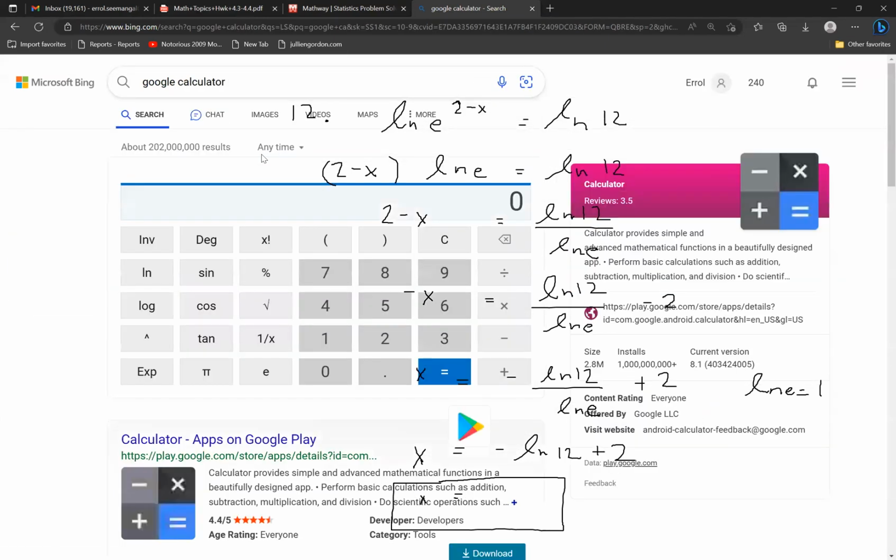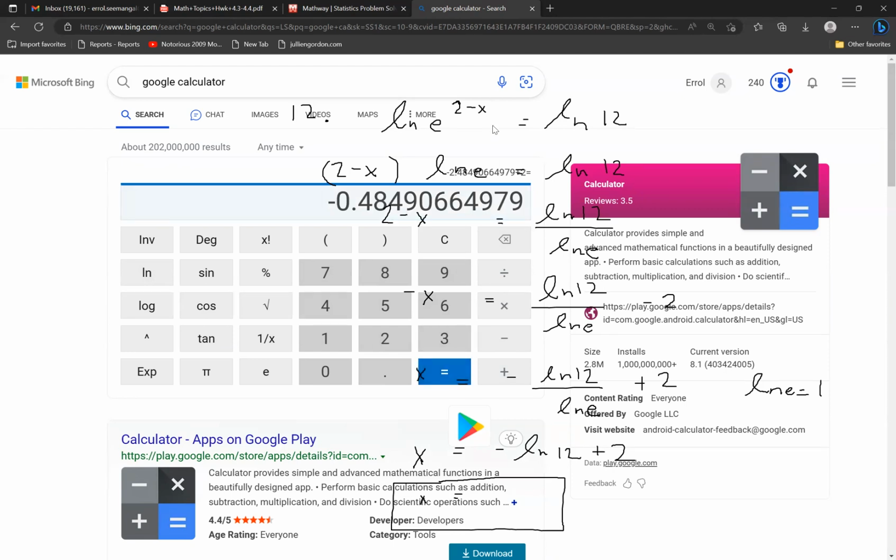Okay, so you might have to say ln 12 first. Ln 12 equals that number right there. Or just try putting in the negative first. Negative ln 12 equals this. Plus 2.